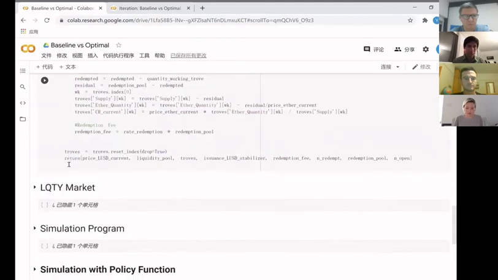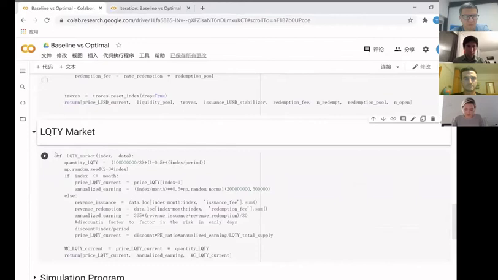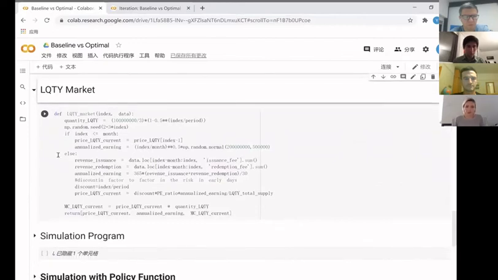Okay, and then we have the growth token, now called the LQTY market. The fundamental value of the LQTY token is supported by the earnings. Right? If you stake LQTY token in the LQTY token pool, you earn the issuance fee and redemption fee.